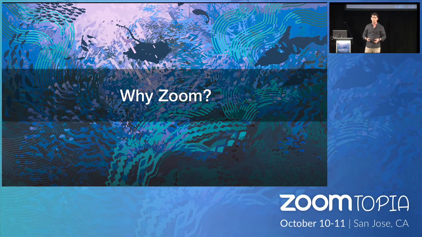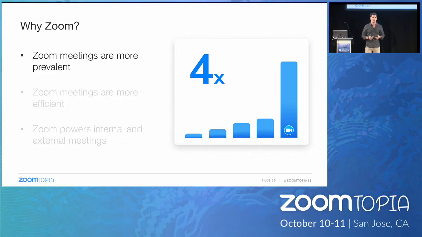I'd like to move on to why we were really excited to work with Zoom. We started off by looking at our existing customer base and found some interesting information. First of all, a call in Hugo, or a meeting in Hugo, is 4 times more likely to take place on Zoom than any other conferencing provider. So we were really confident that this was going to have an impact.